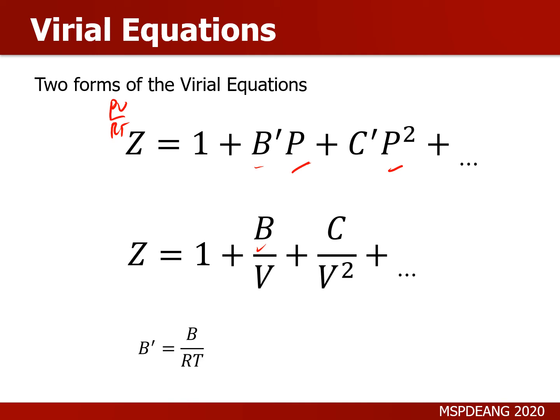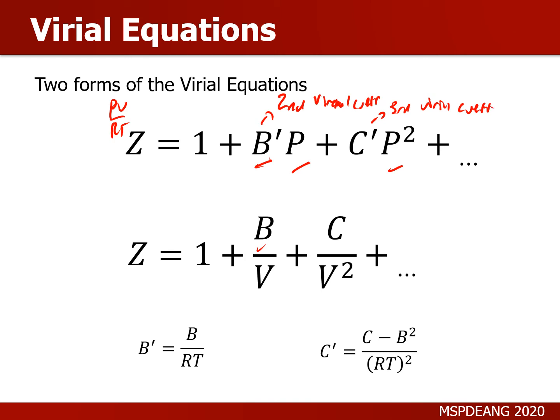Okay, and there's a relationship between B prime and B, which is B over RT, and C prime is the following. Okay, so we don't need to worry about the conversions or actually the values. Okay, you don't need to memorize any values for the virial coefficients. Okay, another info for the virial EOS is that the term B is usually referred to as the second virial coefficient, and C and C prime are usually referred to as the third virial coefficient.